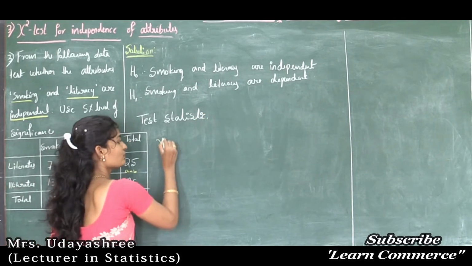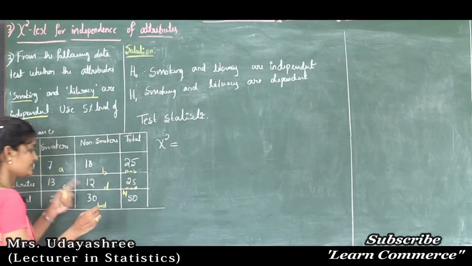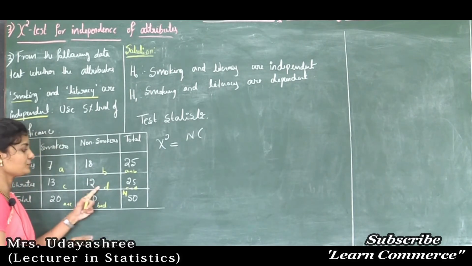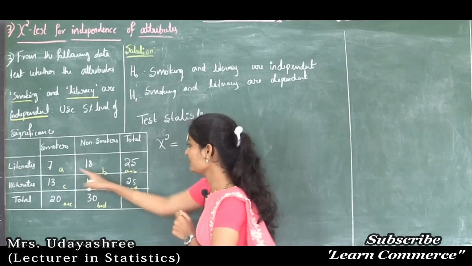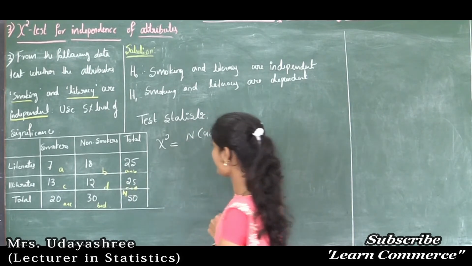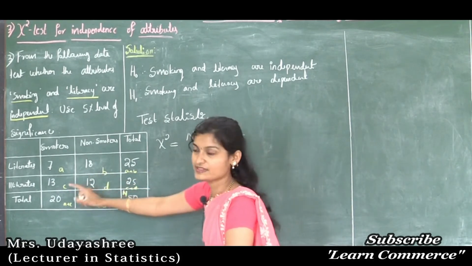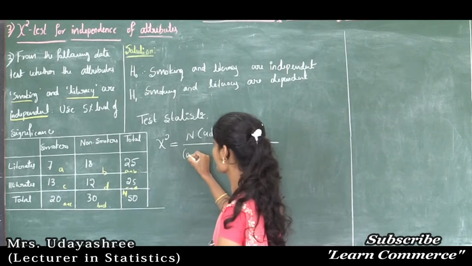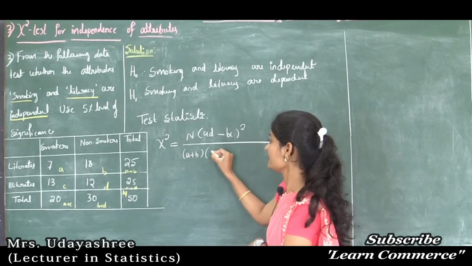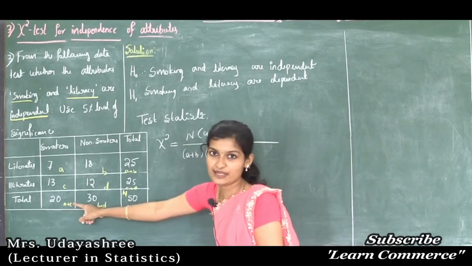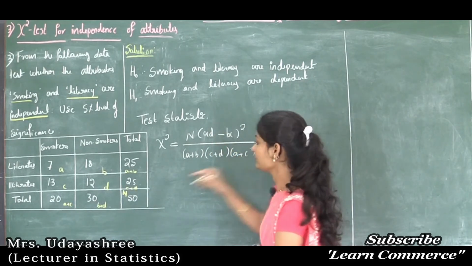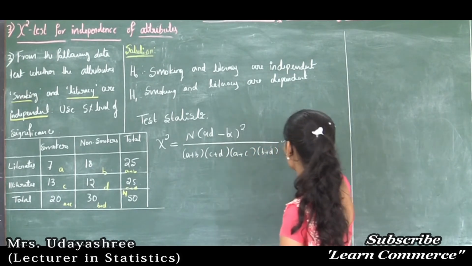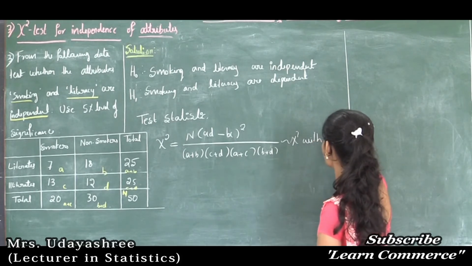You can write it like this: chi-square is equal to N into (AD minus BC) whole square, divided by (A plus B) into (C plus D) into (A plus C) into (B plus D), which follows chi-square with 1 degree of freedom.